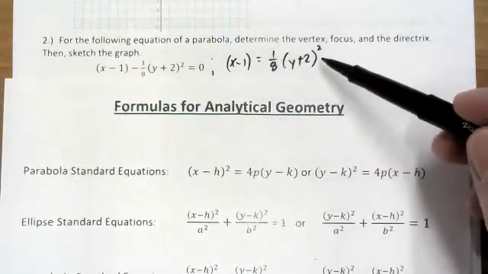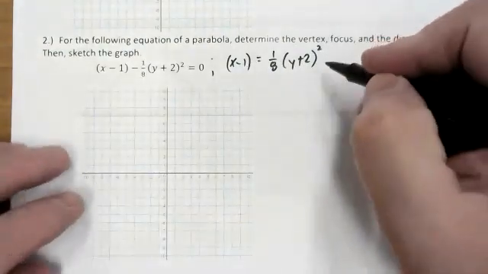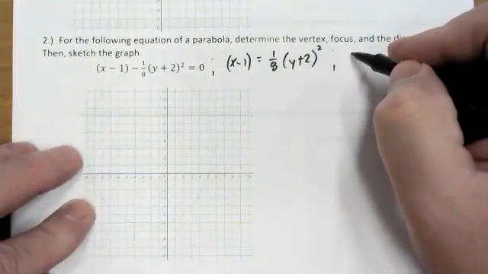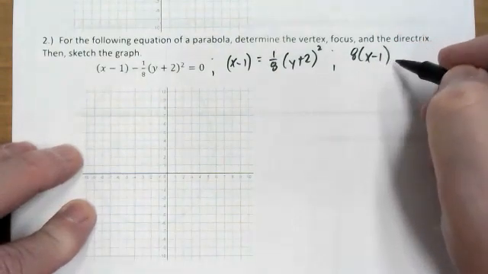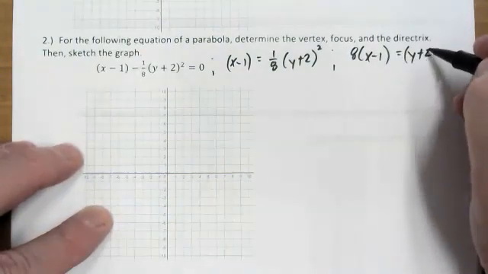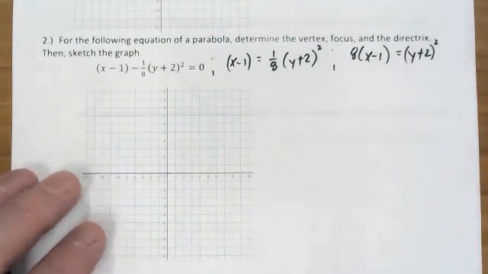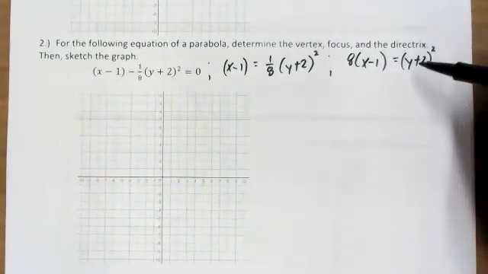The way I'm going to do it, I'm going to multiply both sides by 8. So when I do that, I end up with 8 times x minus 1 equals y plus 2 squared. So now it's in standard form.